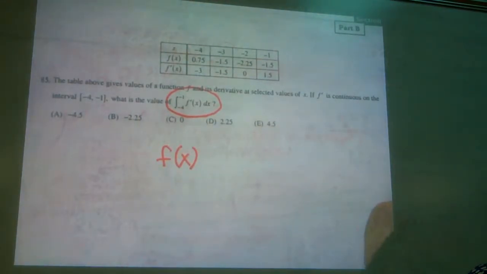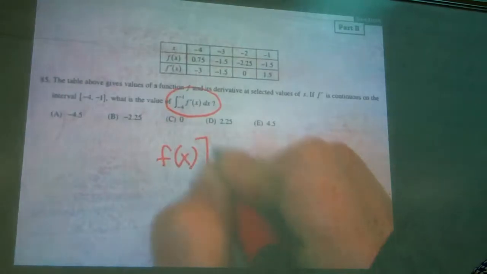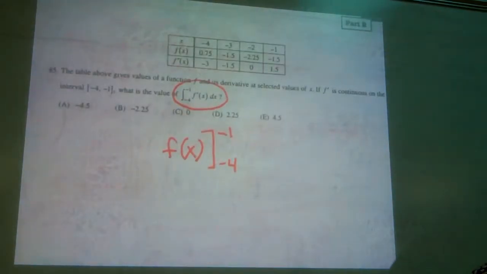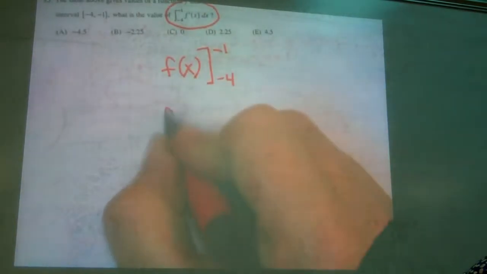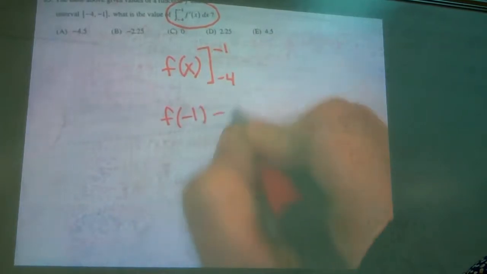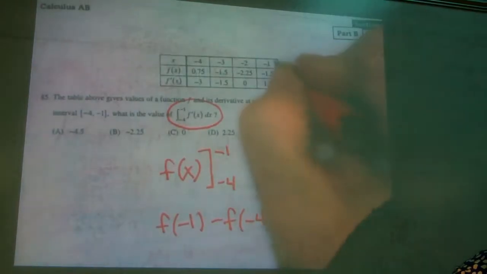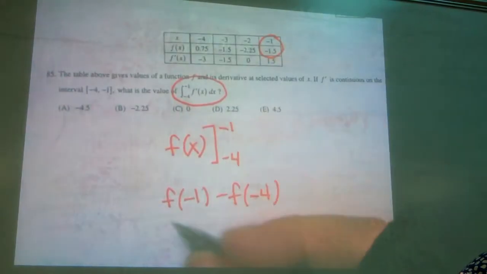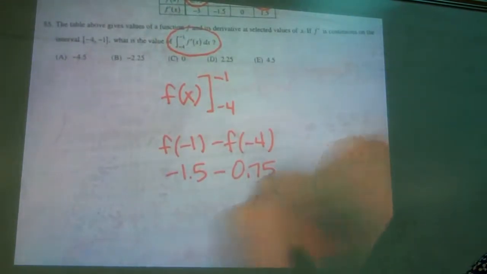Right? Because that's what an integral does, it undoes a derivative. They're opposite operations. So then I plug in my bounds. I integrate the derivative of f, I get f, and then I do f of negative 1 minus f of negative 4, which I can get from the table. f of negative 1 is negative 1.5, and f of negative 4 is 0.75, so I get b.